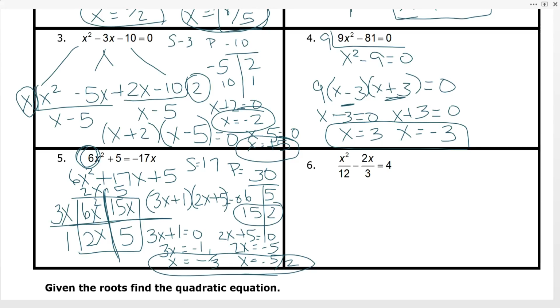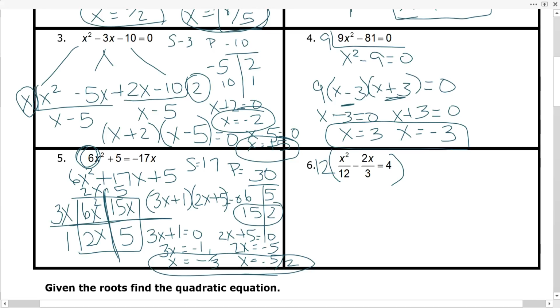Number 6. Before I do anything, I'm going to go ahead and multiply the whole thing by 12. That gets rid of my fractions, my denominators, and is going to make my problem easier to work with. So I'm just going to go ahead and do that, and I end up with x squared minus 12 times 2 is 24 divided by 3 is 8, so minus 8x equals 48.